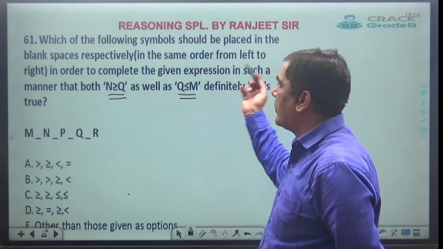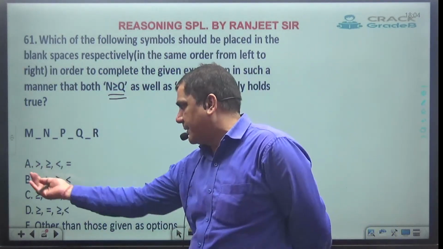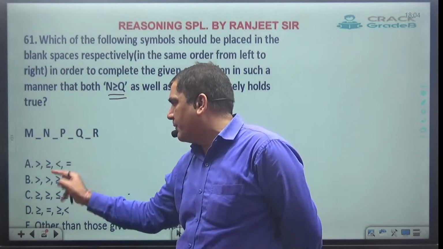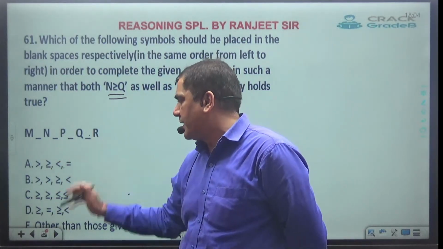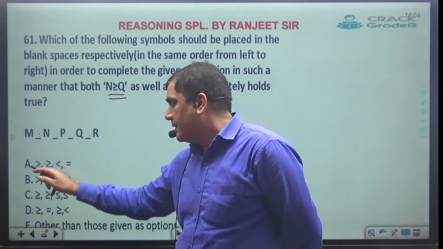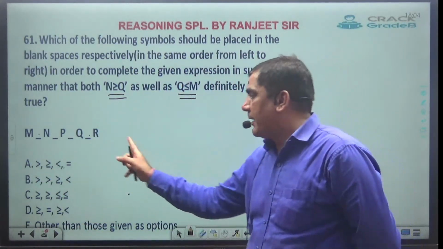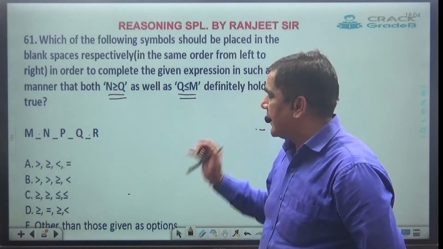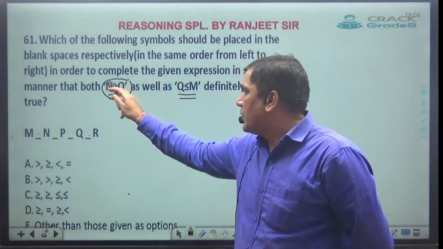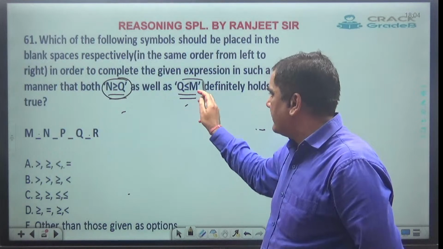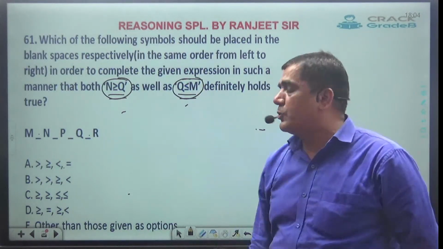Respectively in the same order means the order should be the same: this should come over here, this should come over here, and so on. Out of these four options, which option should I place in the blanks such that n is greater than or equal to q and q is less than or equal to m is definitely true? How to go for this one?